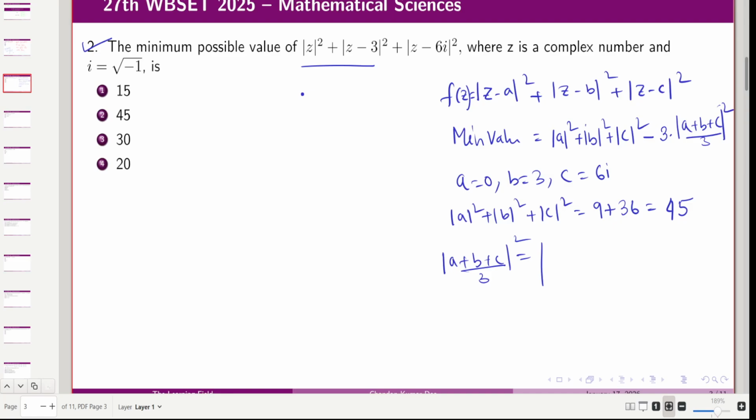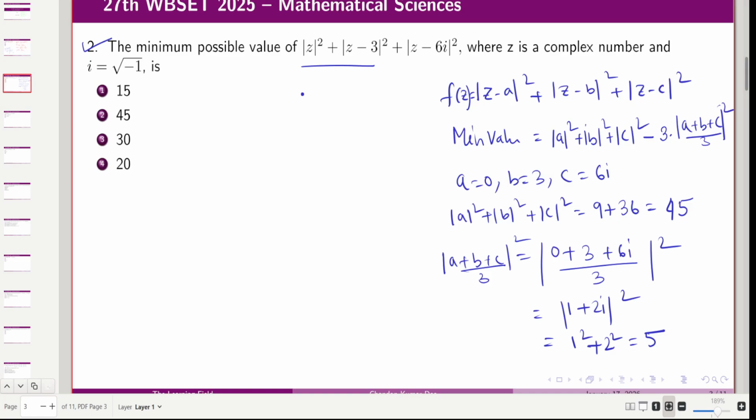That means 0 plus 3 plus 6i by 3 whole square, that means mod of 1 plus 2i whole square, which is equal to 1 square plus 2 square, that is equal to 5.